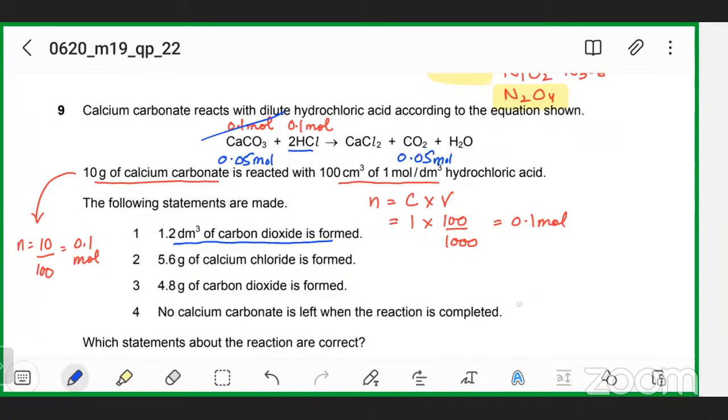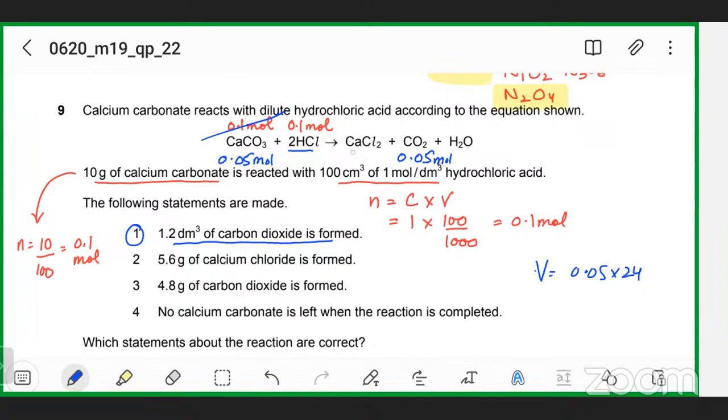How do you find volume? 24 dm cube times moles. I think you're going to get 1.2 dm cube. Yes, it's 1.2.